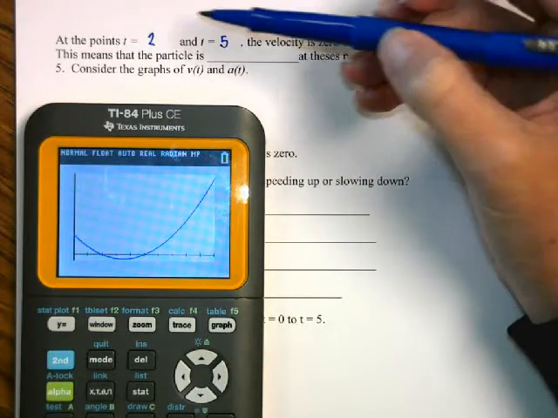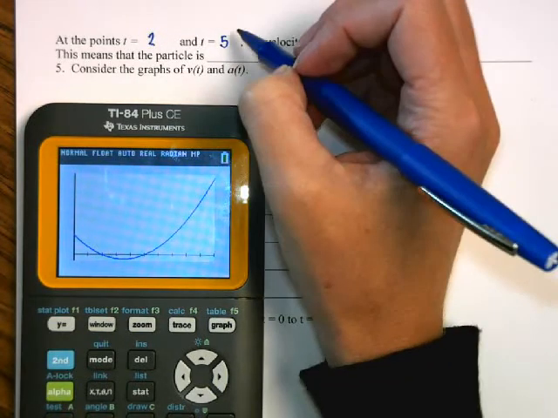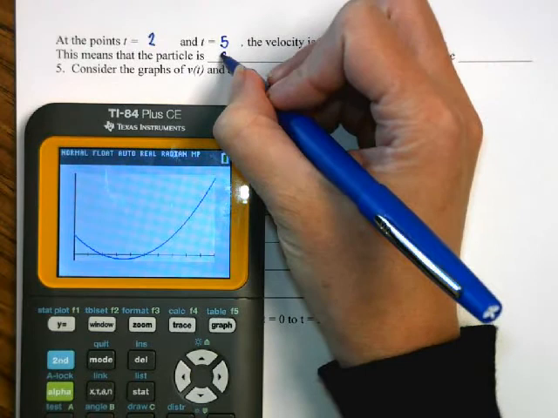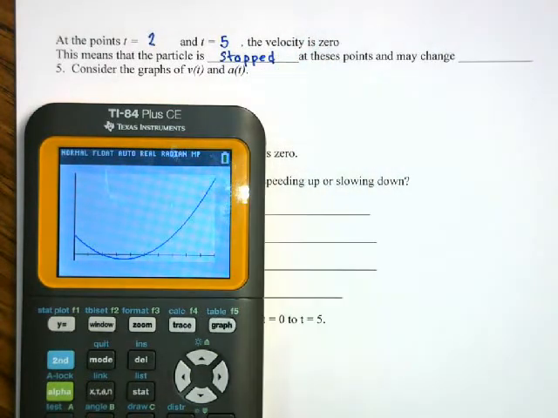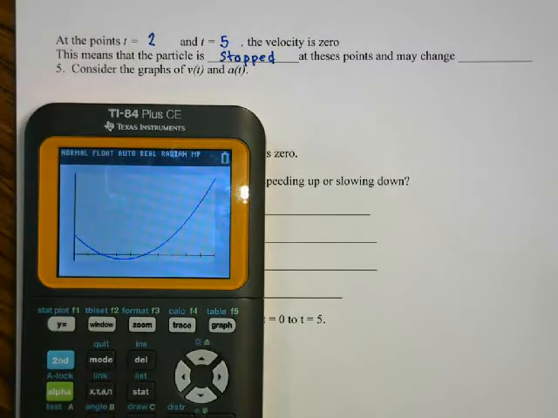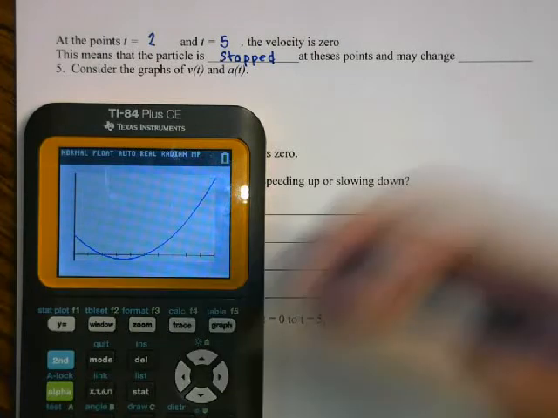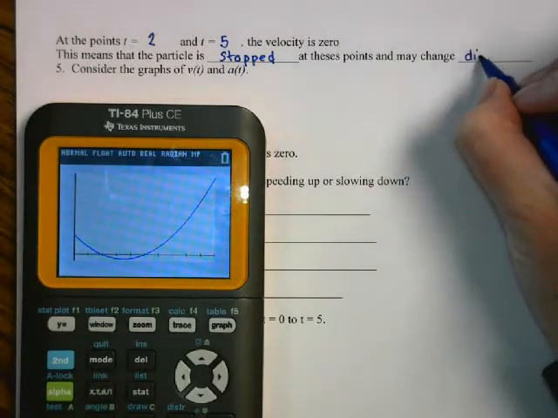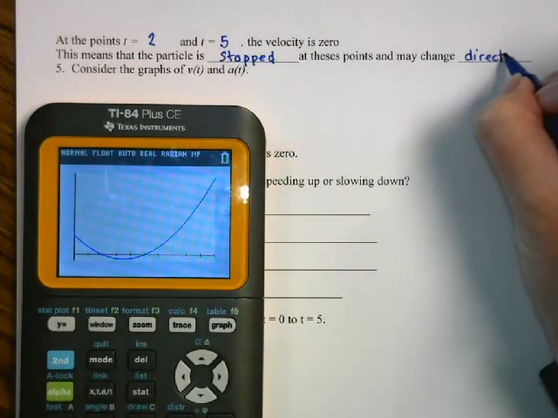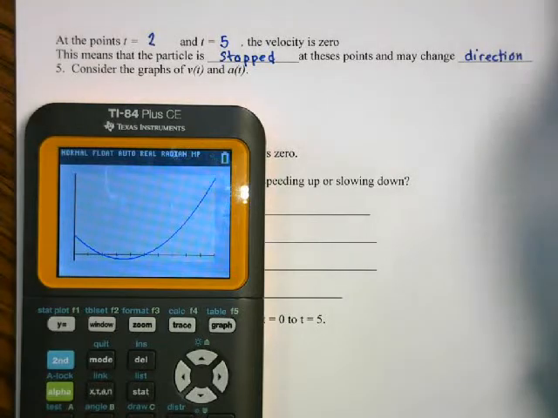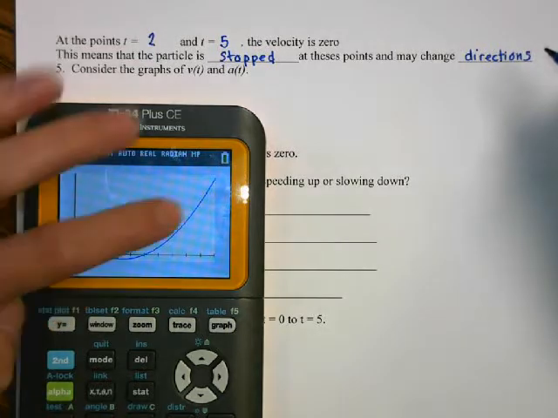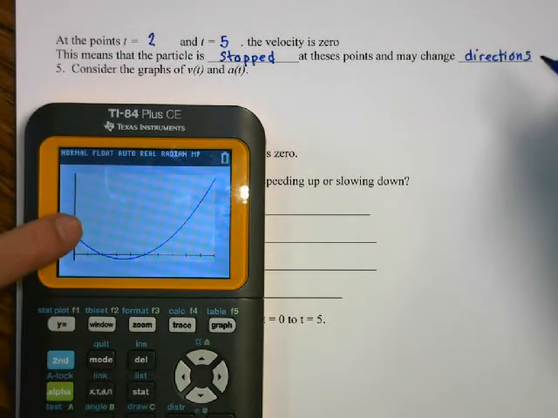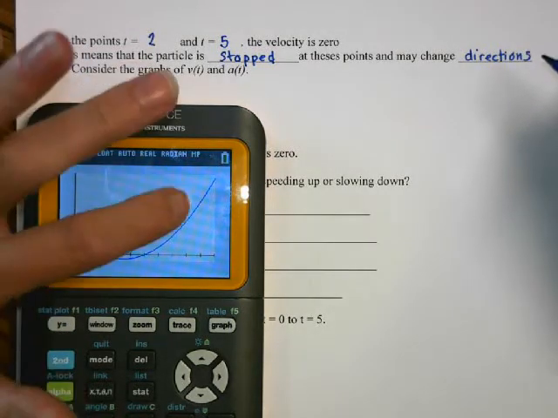That means the particle is stopped at those points and may change directions. It can reach 0 and not change directions, but it may. We can tell that in this case it does, because velocity goes from positive to negative and then negative to positive, which means it's moving to the right, then to the left, then to the right.